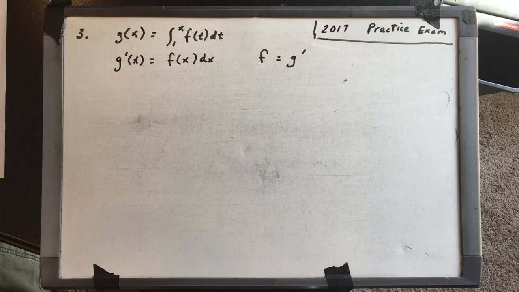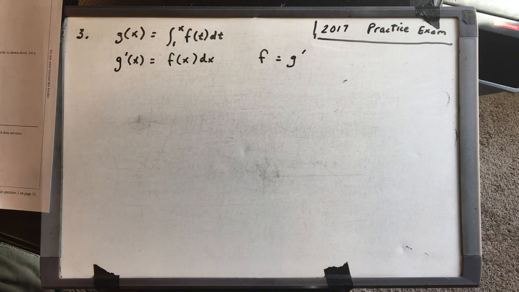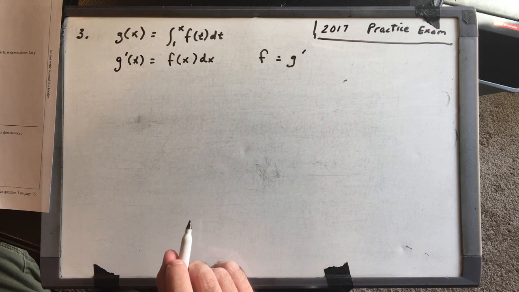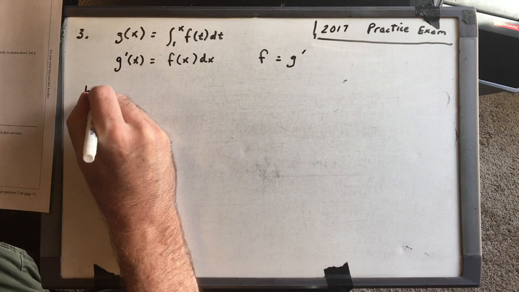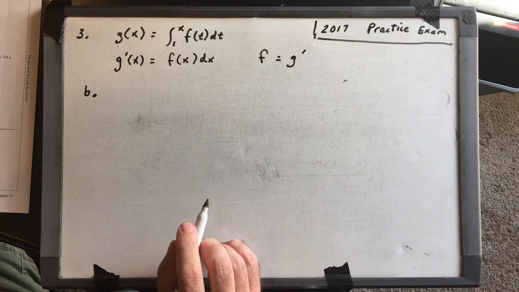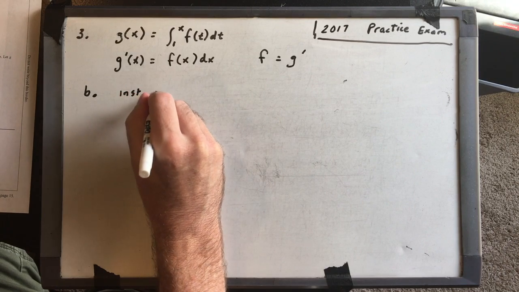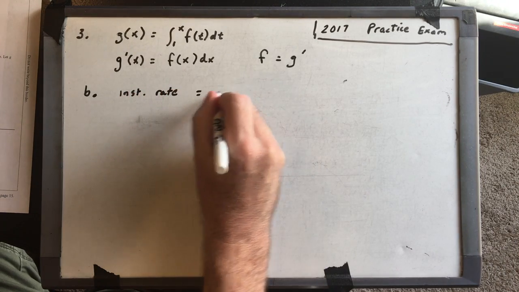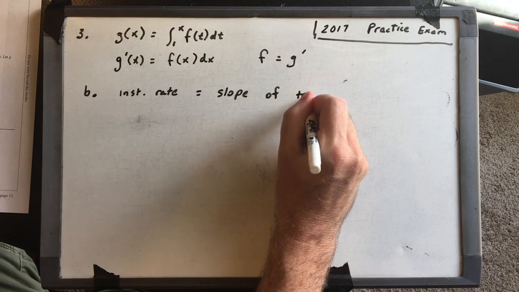All right, part B says find the instantaneous rate of change of g with respect to x at x equals 3, or state that it does not exist. All right, this one is so great compared to part A. So you know that the instantaneous rate is equal to the slope of the tangent line.